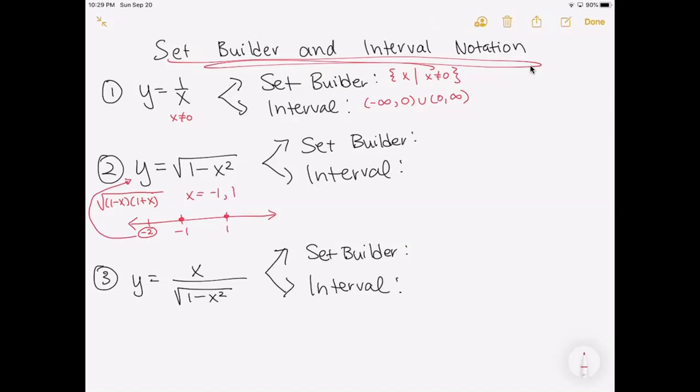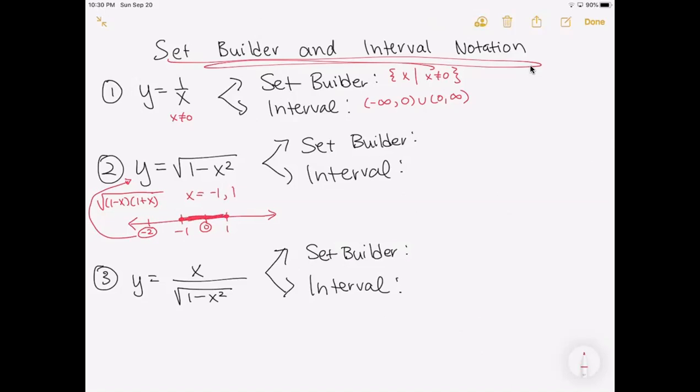Radical 1 minus (-2) squared gives you radical -3, which is not acceptable. Now let's choose a number in between -1 and 1, like 0. You can choose -0.5 if you want to, but I don't like fractions. When you choose 0, radical 1 minus 0 squared gives you radical 1, which is a positive value. So any number between -1 and 1 is good.